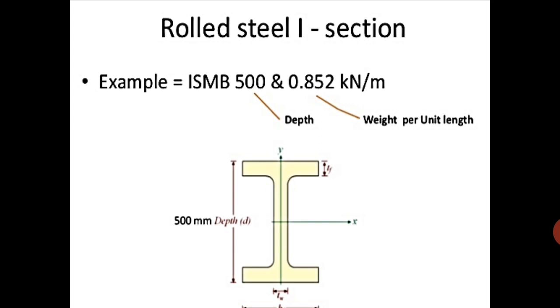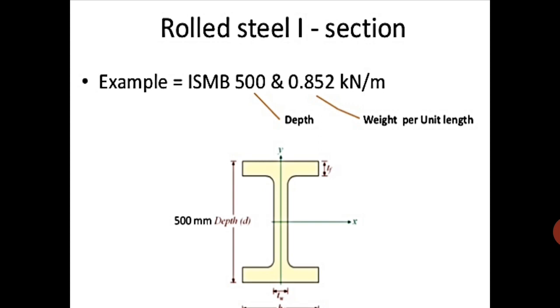For example, rolled steel I section ISMB 500 and 0.852 kilonewton per meter. How to read this example?